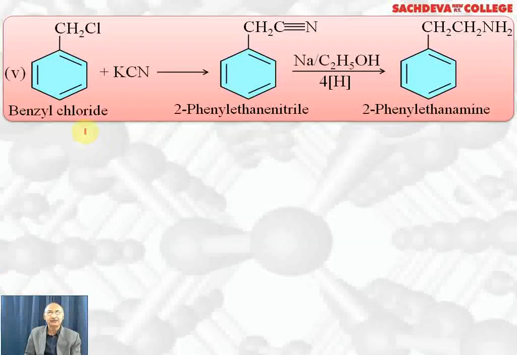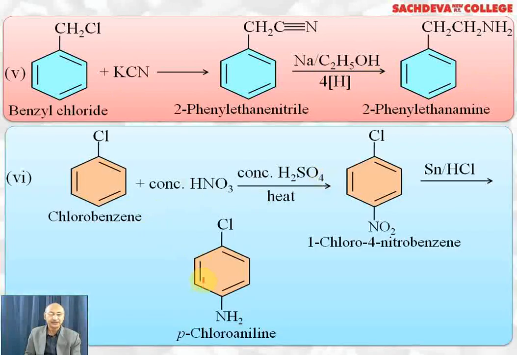Benzyl chloride to 2-phenylethanamine: converted into cyanide by reacting with potassium cyanide, then reduction with sodium and alcohol will give 2-phenylethanamine. Chlorobenzene to para-chloroaniline: first carry out nitration with concentrated nitric acid and concentrated sulfuric acid. We get para-nitrochlorobenzene or 1-chloro-4-nitrobenzene.